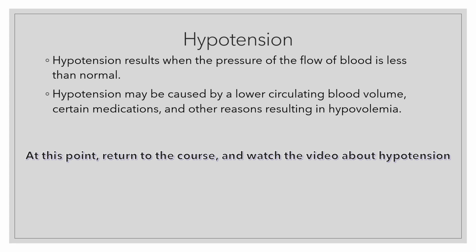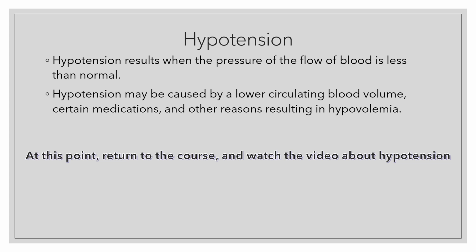And then hypotension, which is low blood pressure, results when the pressure is less than normal. The causes of hypotension could be loss of blood: the less blood and circulating volume we have in our body, the lower our blood pressure will be.